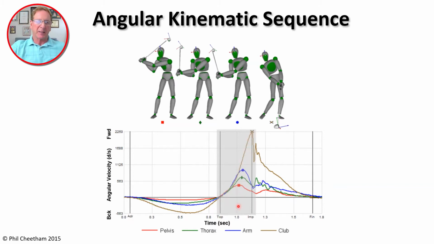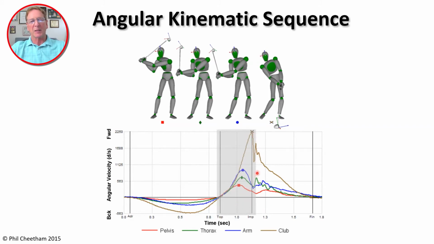Now, the interesting thing, the sequential aspect of it, is if you look at the little dots on the top of the maximum of each of the curves, you'll see that the pelvis reaches peak speed first, then decelerates. The thorax reaches peak speed second, decelerates. The lead arm reaches peak third, and then decelerates. And of course, the club is the final one to reach maximum speed.